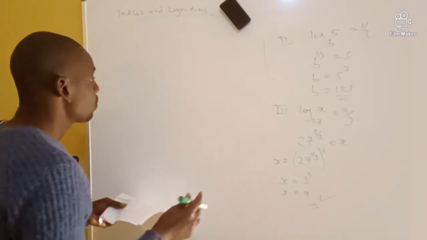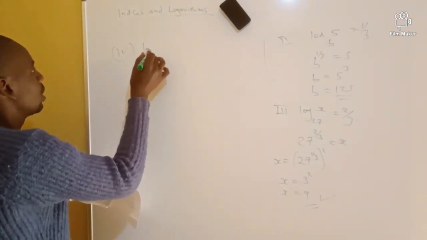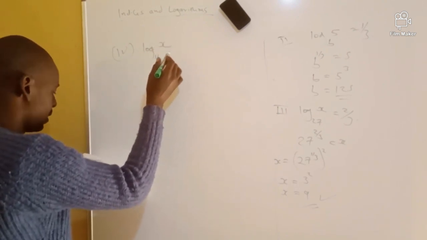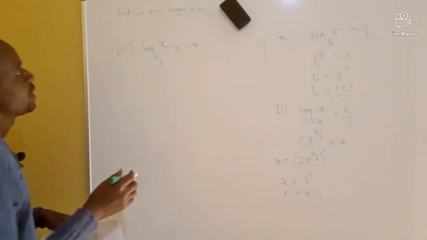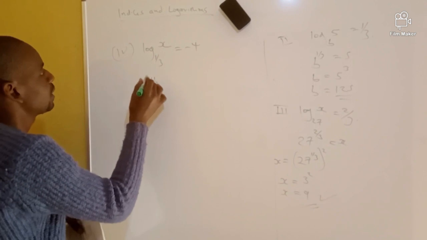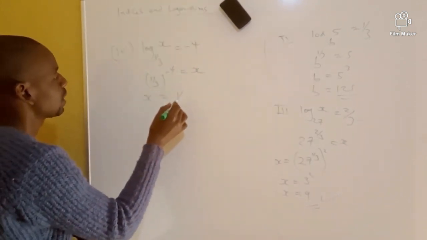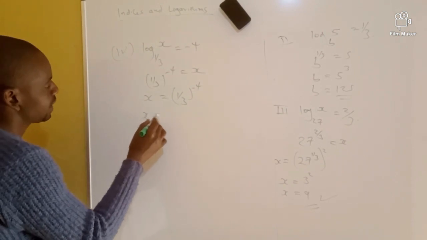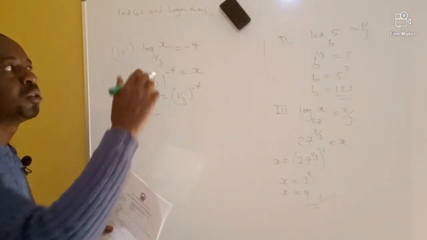The last one, Roman 4. Log of x to base a third is equal to -4. Once again, just change it into index form. That means a third raised to -4 is equal to x. When you have a negative index, remove it by putting 1 over.